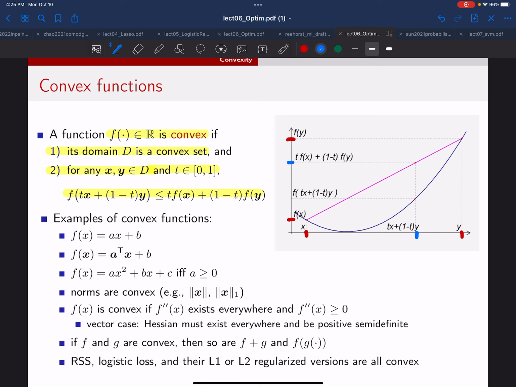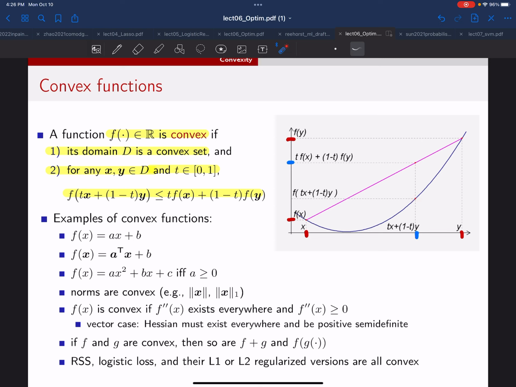So this would be 2/3 of the way between f(x) and f(y). For this particular point, you can see that when you average at the output, that gives you a larger number than when you average at the input and then put that through the function.